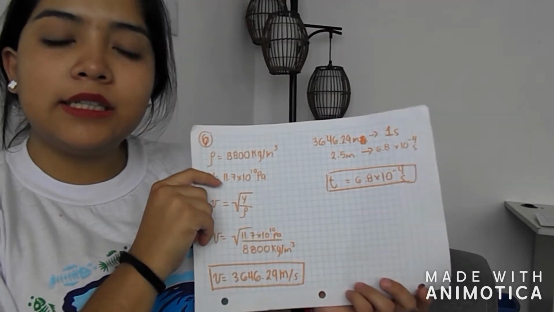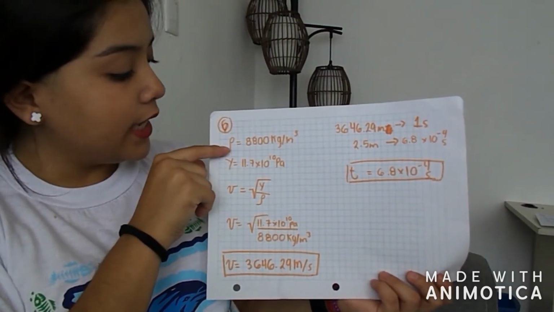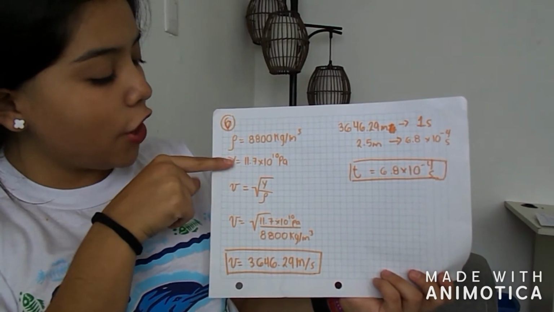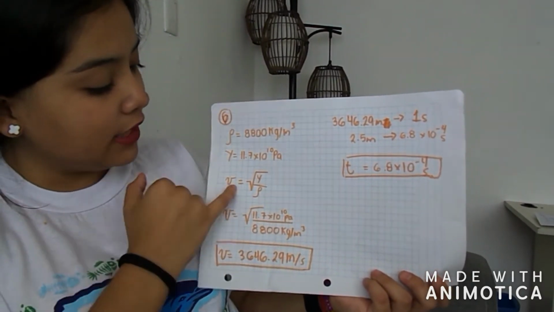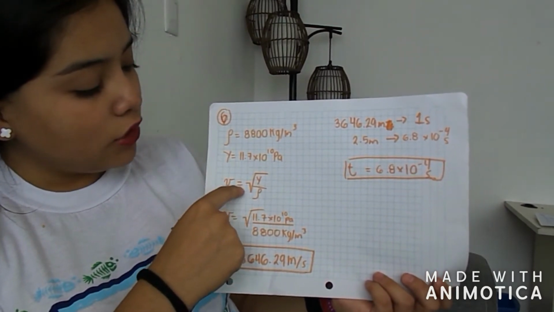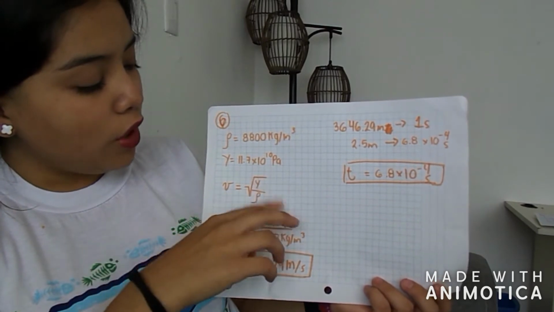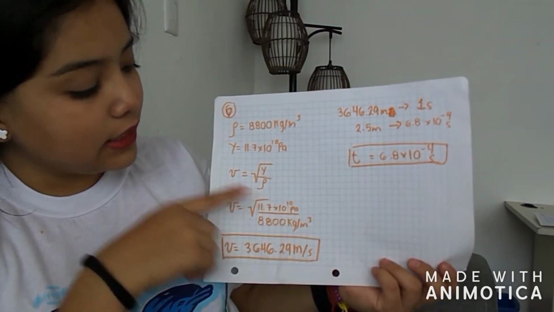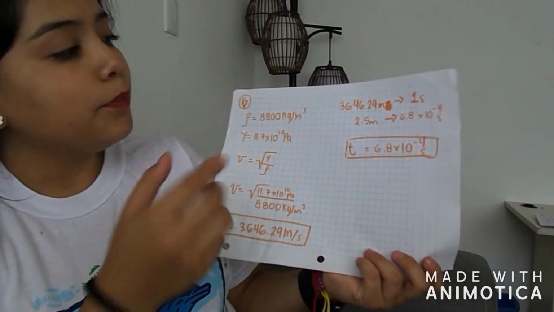In problem number 6, they are asking us for the time. First, we have our data, that is density and the Young modulus, and first of all we need to know the velocity. So we use the formula of the square root of Young modulus over the density. We substitute the values that we have, and then we have the velocity.